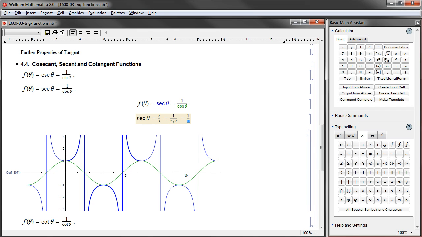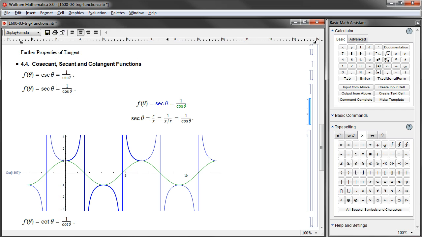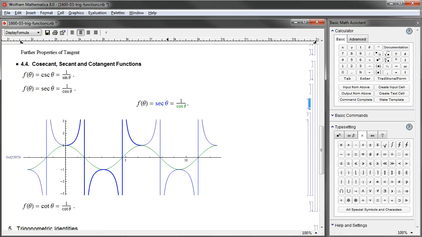Consequently, this is the same as 1 over cosine of theta. Again, by really simple algebraic manipulation, we just proved that secant is 1 over cosine, and that relationship must be visible in this graph. Well, let's check. When the denominator, cosine, hits 0, do we have the vertical asymptote? Yes, we do.